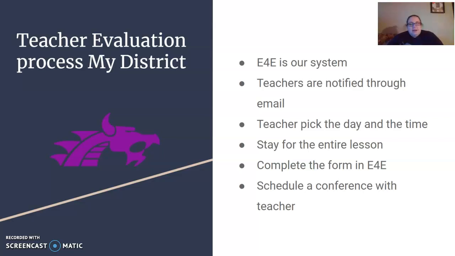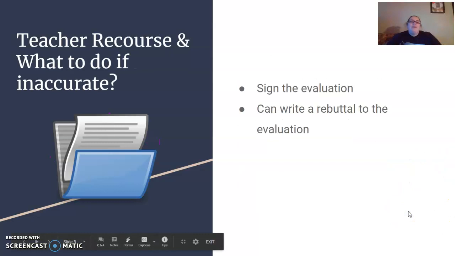to discuss the positives that he saw in the classroom as well as the negatives, and they can kind of debrief from that. If a teacher in my school believes that their evaluation is inaccurate or they need to take recourse based on what was done, our district has us all sign our evaluations, and in what we're signing, it says that we're just signing and acknowledging that we received this evaluation, but it doesn't specifically say that we agree with what is on the paper.